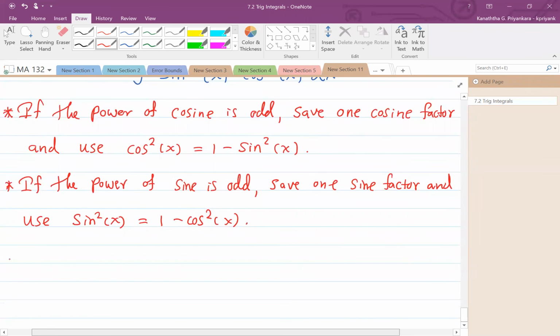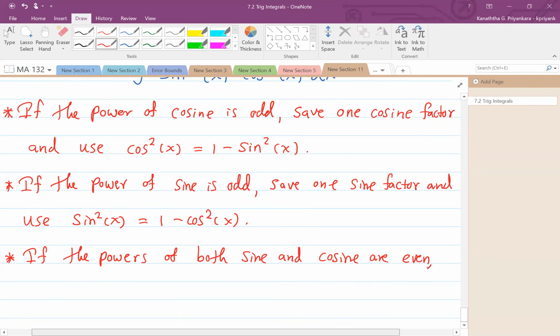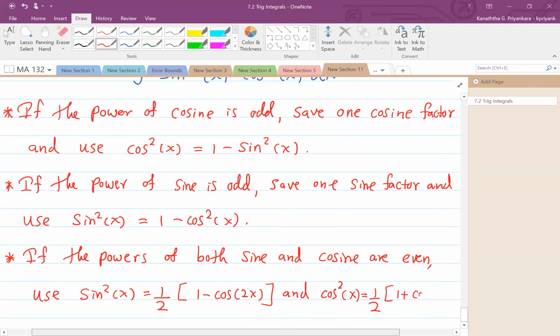The next one, if the powers of both sine and cosine are even, then you need to use sine squared x equals 1/2 times 1 minus cosine 2x, and cosine squared x equals 1/2 times 1 plus cosine 2x.